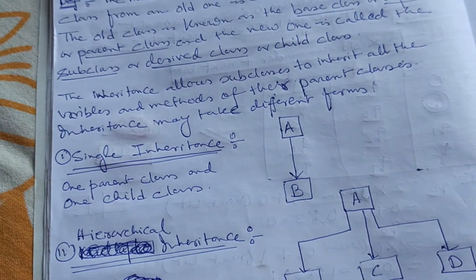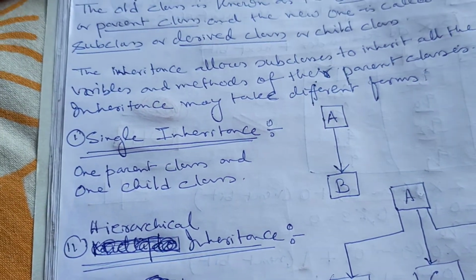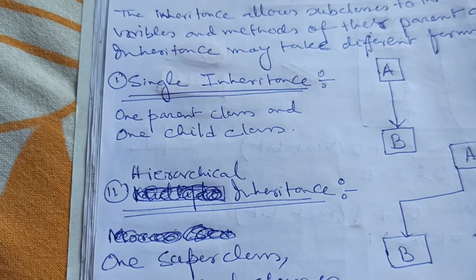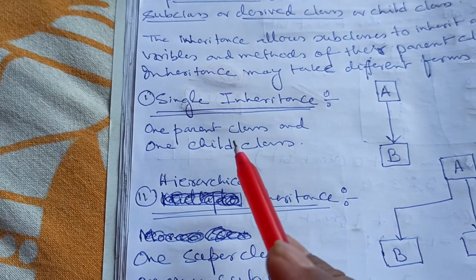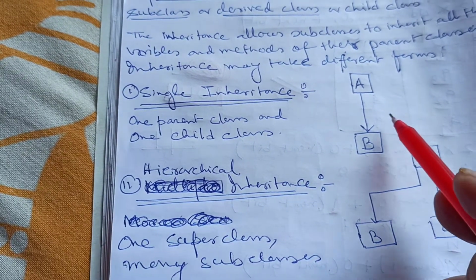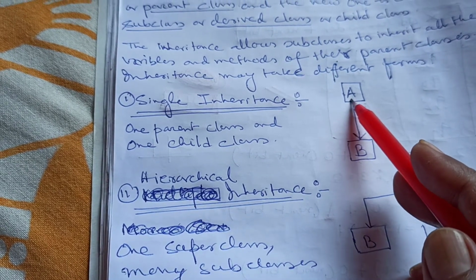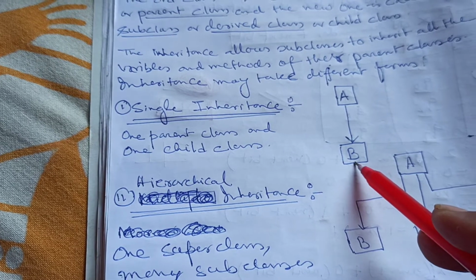First one is single inheritance. Single inheritance means there is one parent class and only one child class. You can see from this picture that there is only one parent class and only one subclass or child class.